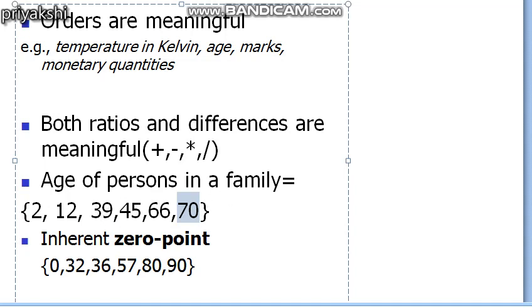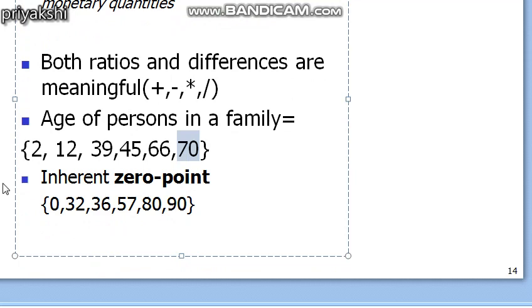Or you can see here, suppose this is the marks in a particular exam, which some of the students secured. So 30 is the lowest mark and 90 is the highest mark. The ratio between the highest mark holder and the lowest mark holder is 3.